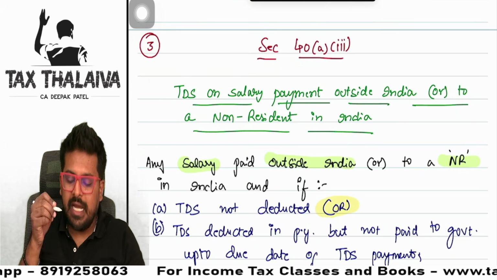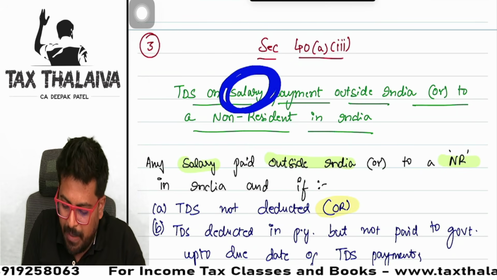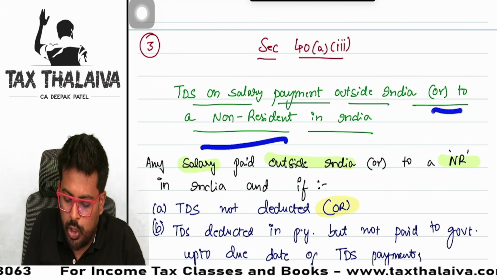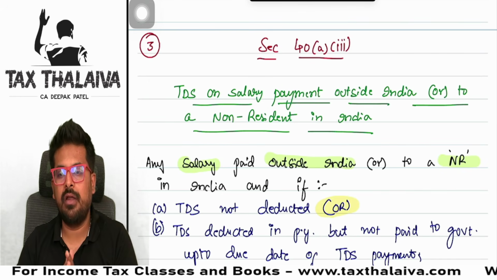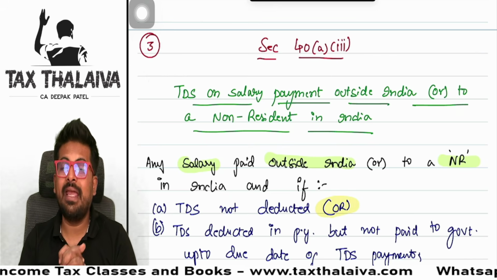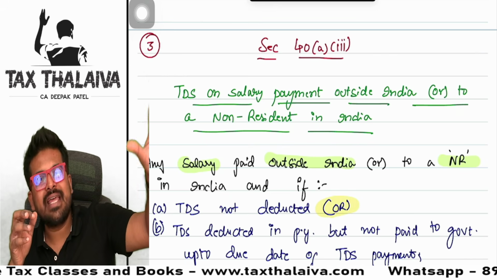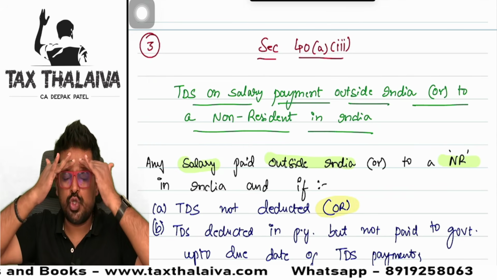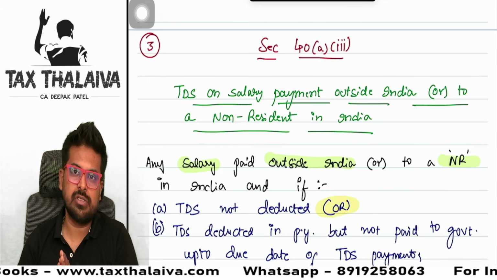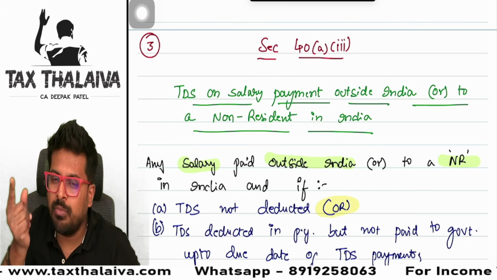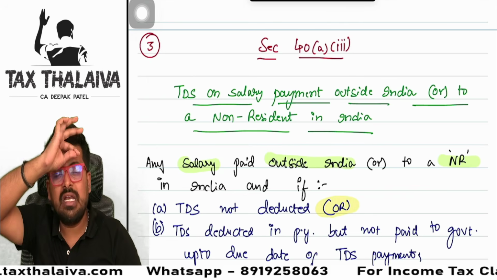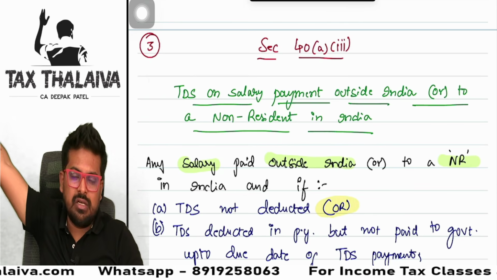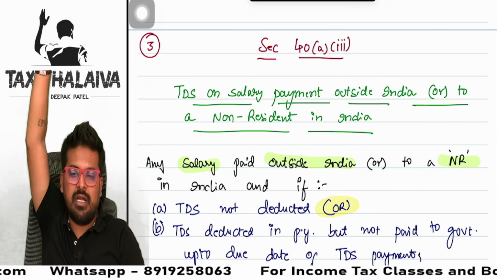Next, 40A(3). TDS on salary payment outside India or to a non-resident in India. Always remember, whenever you make any salary payment outside India or to a non-resident in India, you have to strictly follow the TDS provisions. Even if you miss by a single day, gone. In lifetime you will not get the deduction, even if you deposit the TDS late.